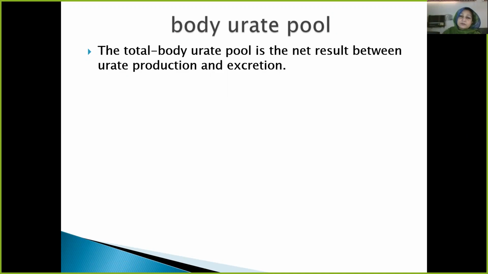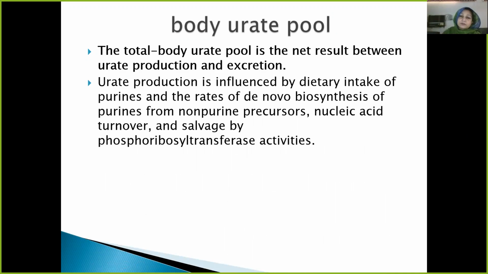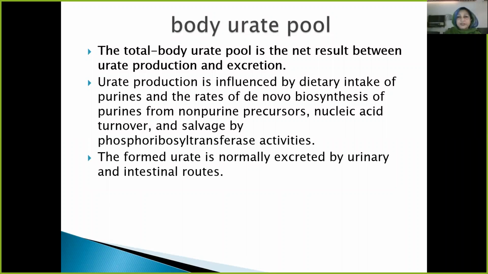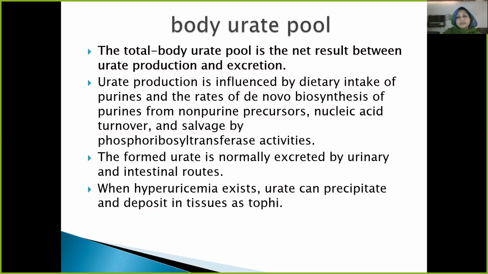Production is influenced by dietary intake of purines and the rates of de novo synthesis of purines from non-purine precursors, nucleic acid turnover, and salvage by the phosphoribosyl transferase activities. The formed urate is normally excreted by urinary and intestinal routes. When hyperuricemia exists, urate can precipitate and deposit in tissues as tophi.